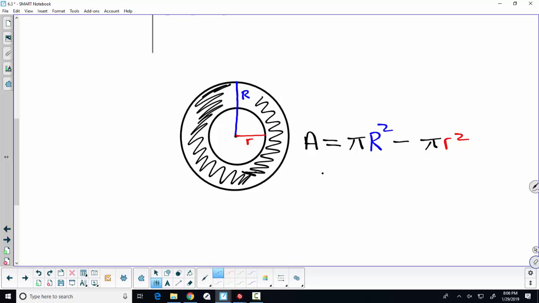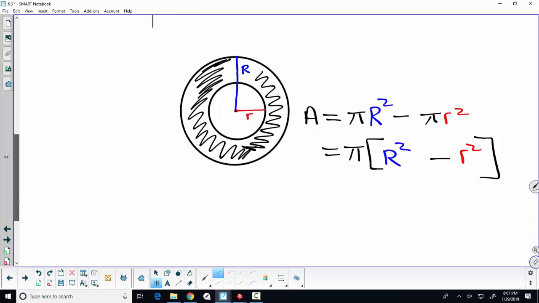So the area of that cross-section is pi times the quantity capital R squared minus lowercase r squared. But again, the radii are determined by the function itself. They vary throughout the region.